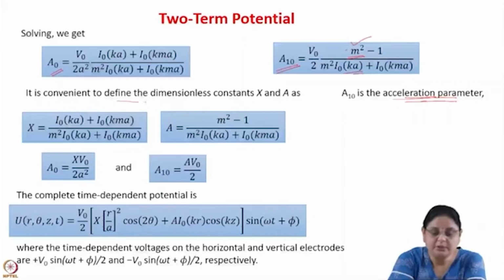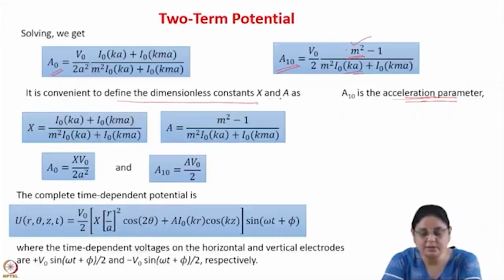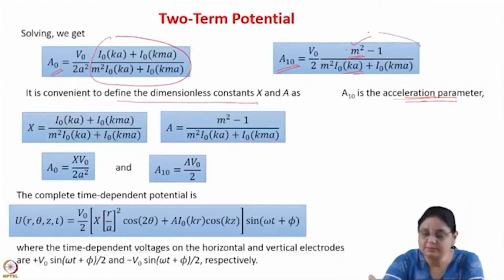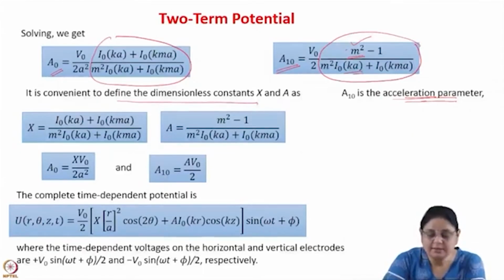Now it is convenient to define dimensionless constants X and A. This term we define as X and this term we define as A. A is the acceleration efficiency and X is the focusing parameter.